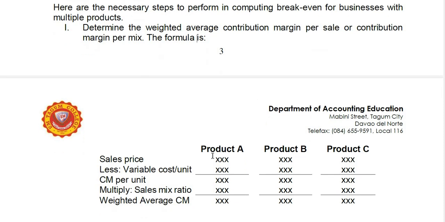So, what you're going to do is you compute the contribution margin per unit for each product. And then you multiply it by the sales mix ratio. So, sales mix ratio is, again, the ratio of how many products A we are going to sell for every product B or C that is being sold.